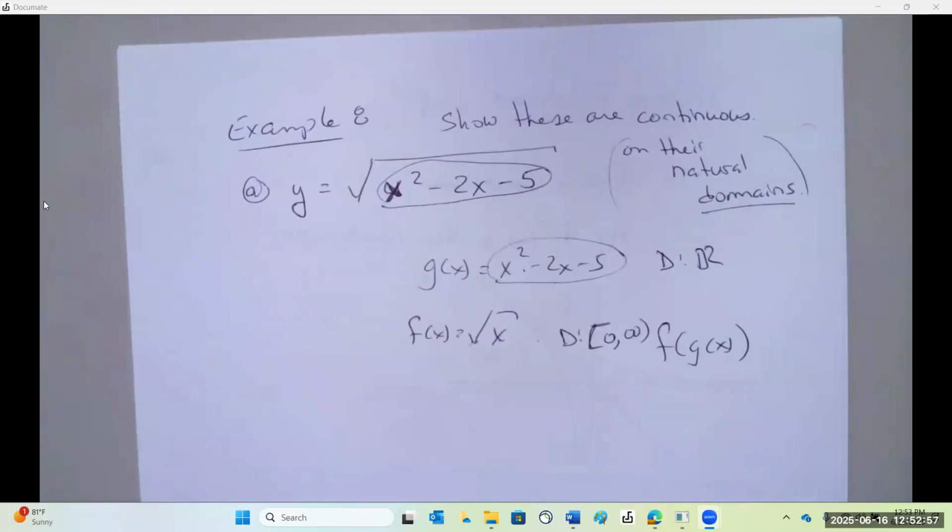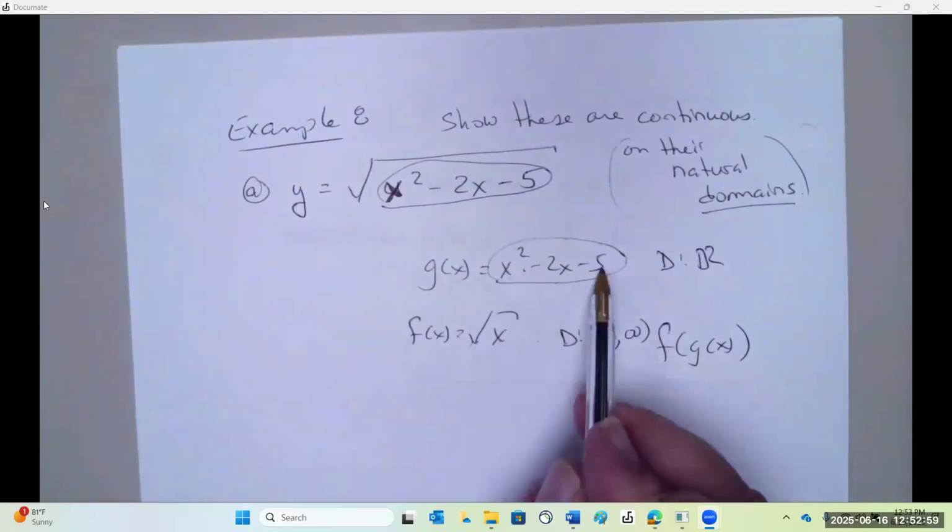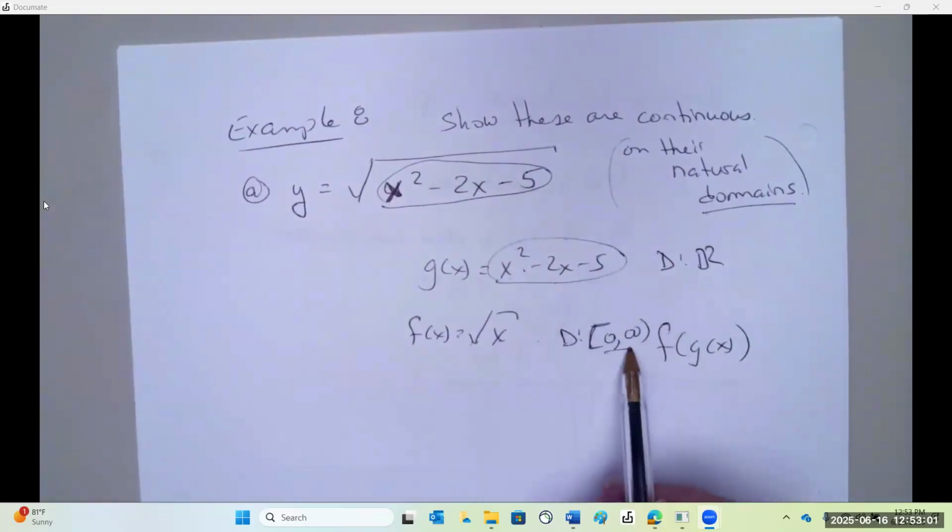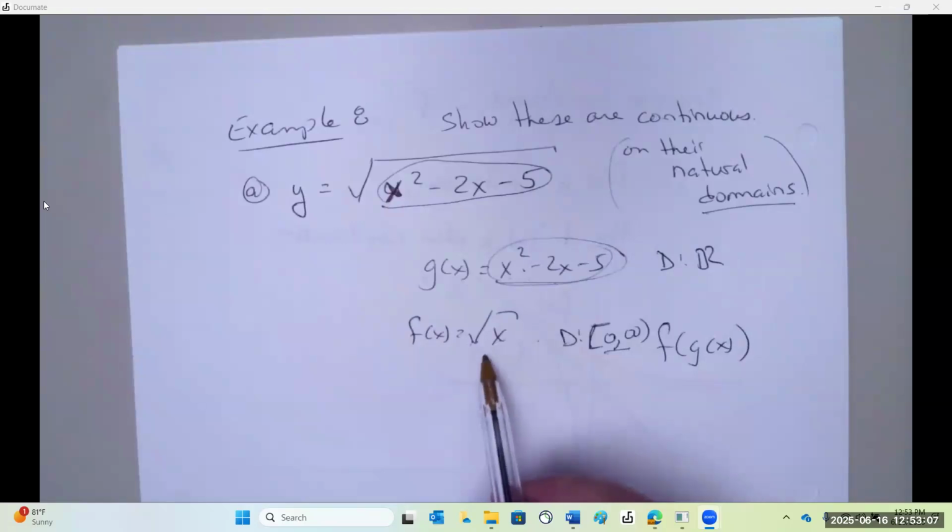So, is this one continuous on this domain? Since this one is continuous on that domain, that means the whole function is continuous. So the composition of two continuous functions is a continuous function. That's what we just showed you.